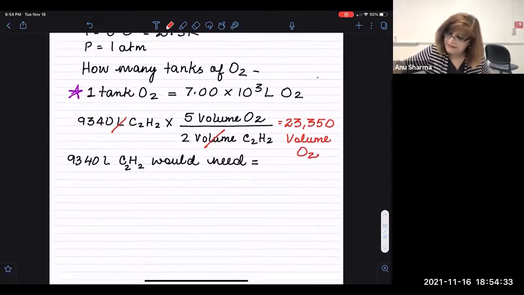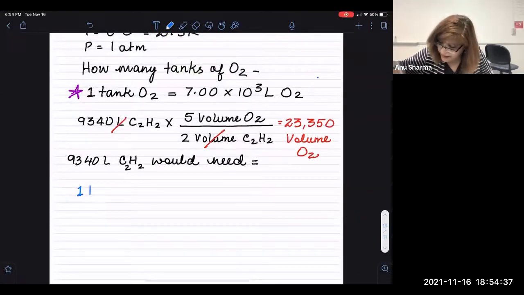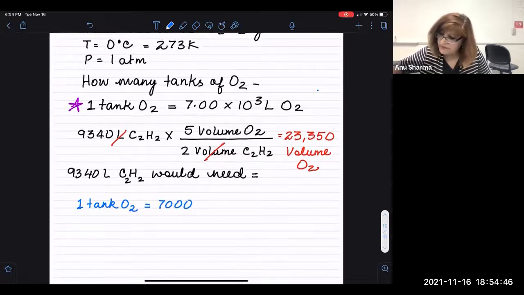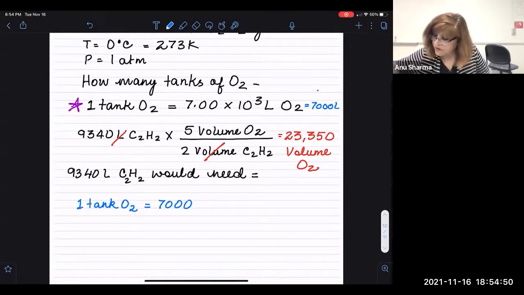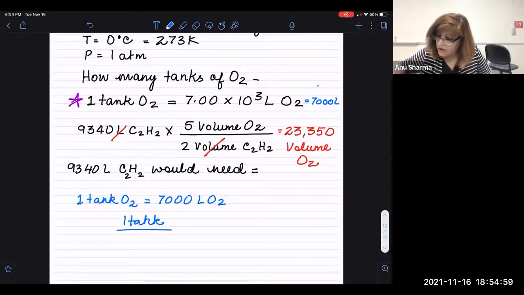Okay, next, 1 tank of oxygen is giving you 7,000 liters of oxygen. So we need to find how many tanks. So yeah, that was right. 1 tank of oxygen, this would be the conversion factor, over 7,000 liters of oxygen.